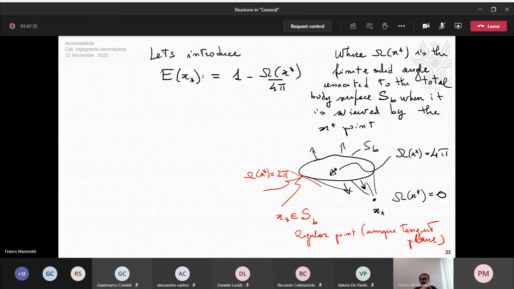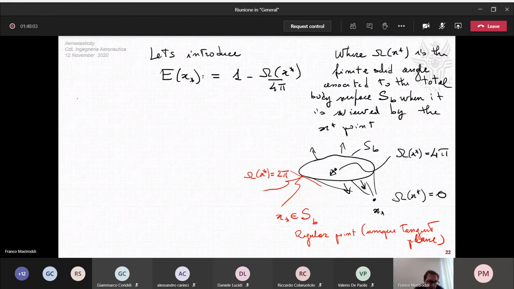Okay, but in the case of a regular point, you have 2 pi. And therefore, this definition is able to generalize the role of the x star point for any kind of surface, for any kind of point: inside the surface, outside the surface, on the surface.